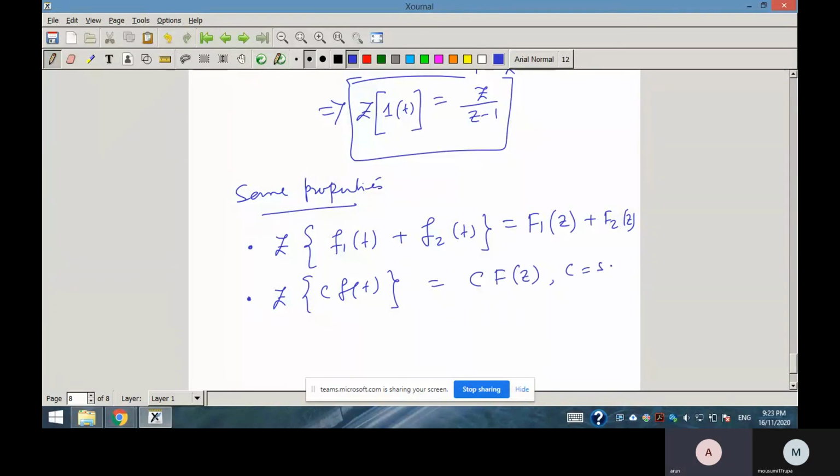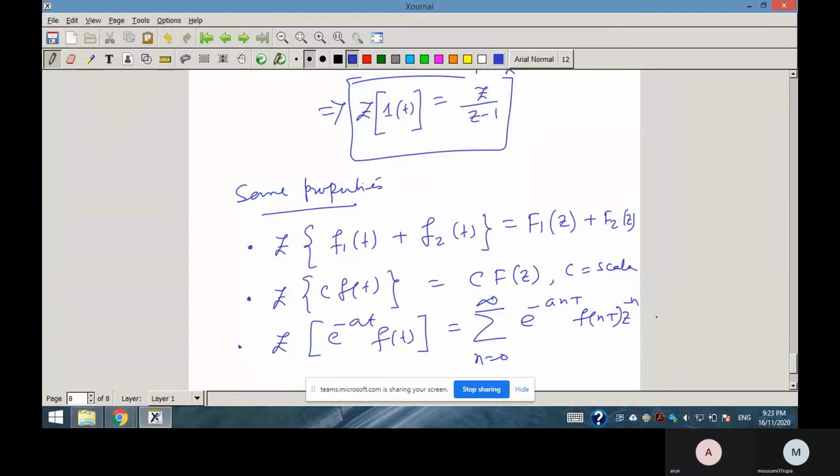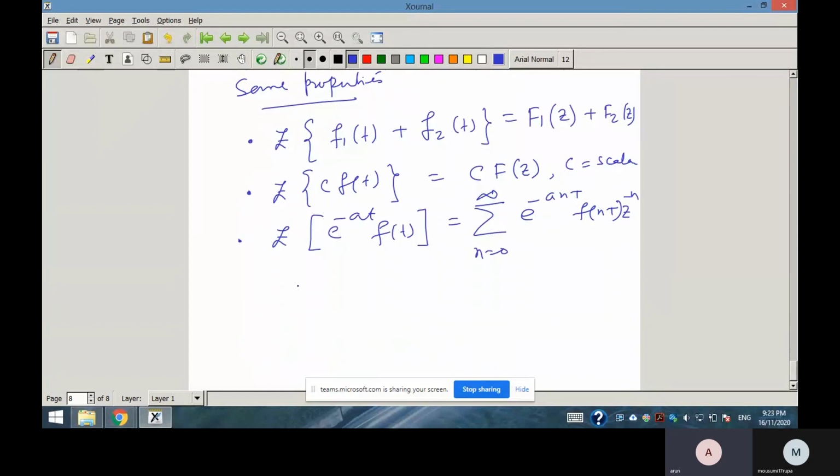Similarly, the Z transform of e to the power minus at f(t) will be the summation for n equal to 0 to infinity of e to the power minus anT, with t equal to nT, f(nT) into z to the power of minus n. This is as per the definition.